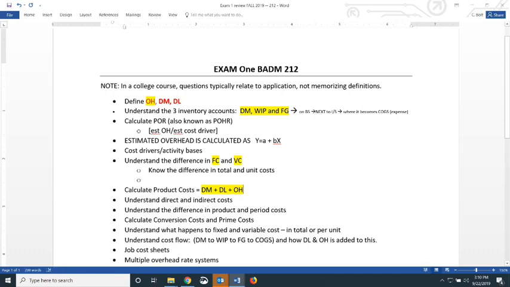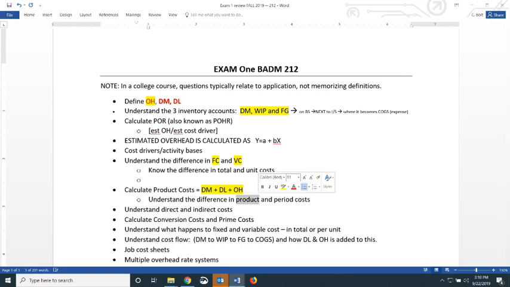Let me throw this in here, and that is, this is a good time for us to talk about product and period costs. These product costs right here are materials, labor, and overhead. A period cost is defined as the SAG: selling, administrative, and general.